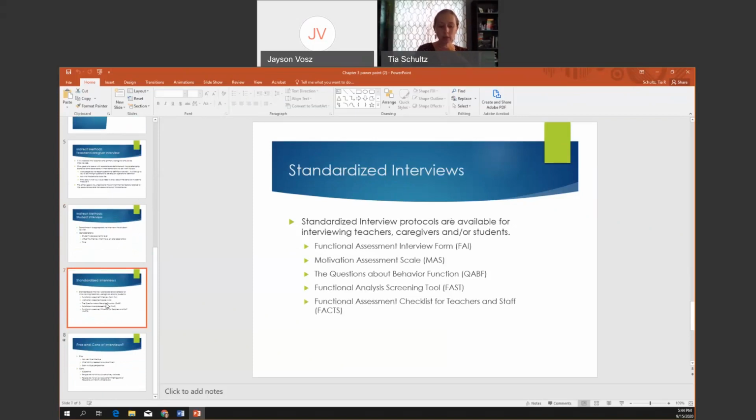And then we can also think about using some tools. So the book presents a few different tools that we can use during the interview process, and I will be sharing a couple of these on Canvas at a later point in time. The Functional Assessment Interview Form, the FAI, is a very lengthy document with all the questions you could possibly ask related to challenging behavior and getting at the function.